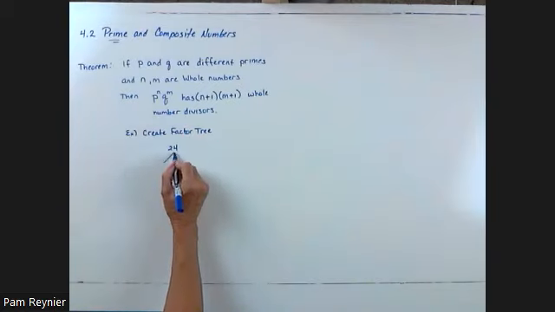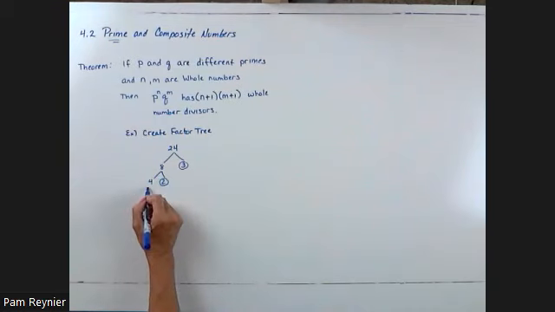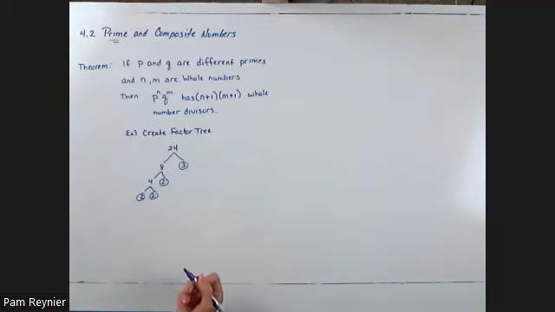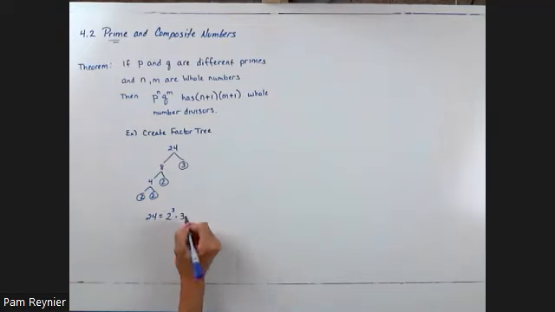So if we do 24, 24 is 8 times 3. Well, 3 is prime, so we're done. 8 is 4 times 2, that's prime. And 4 is 2 times 2. So we are left with 24 is the same as 2 to the third times 3 to the first.